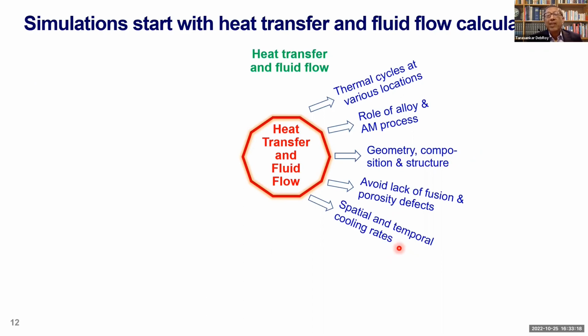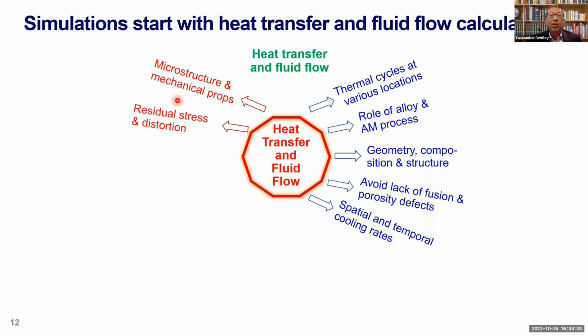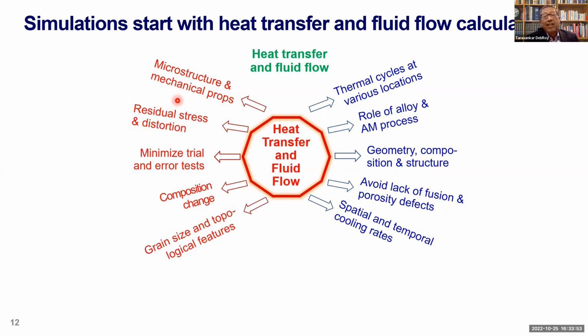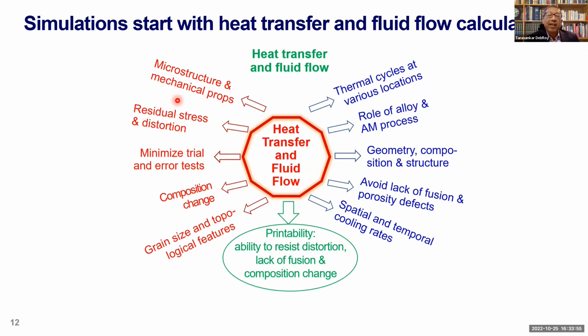Spatial and temporal variation of cooling rates can give us variations of property and microstructure. So to understand microstructure and mechanical properties, we need a heat transfer and fluid flow model. For residual stress and distortion, the temperature field is a required input to such models. So if we want to minimize trial and error testing, we need a heat transfer and fluid flow model: composition change, grain size, topological features, and finally, printability.